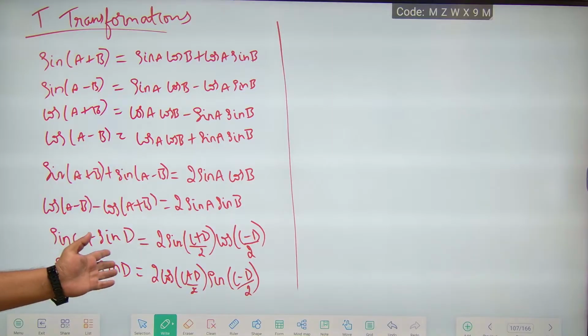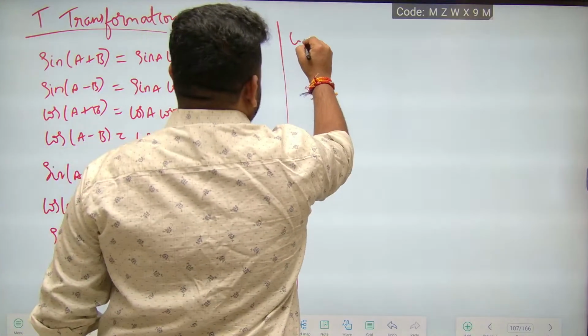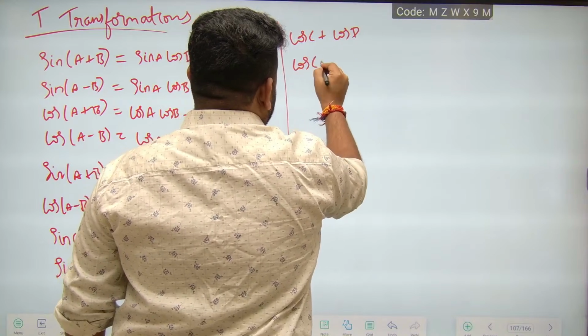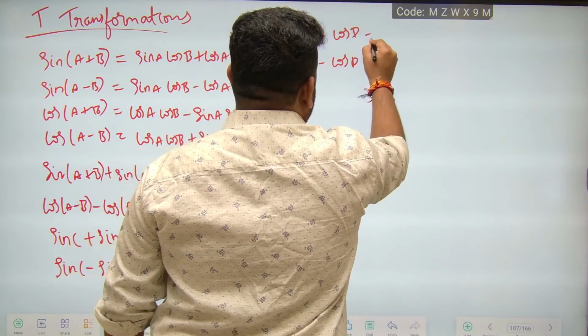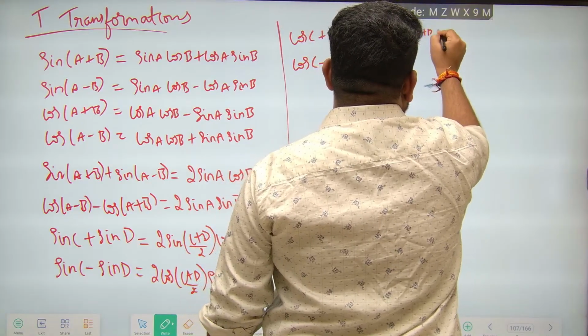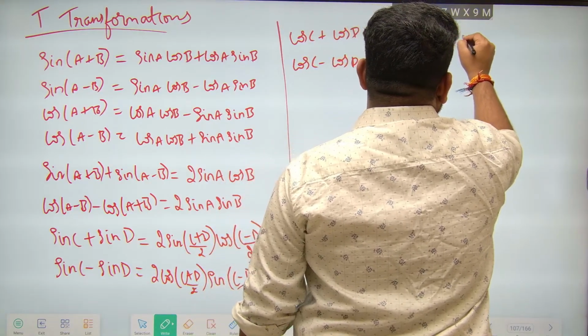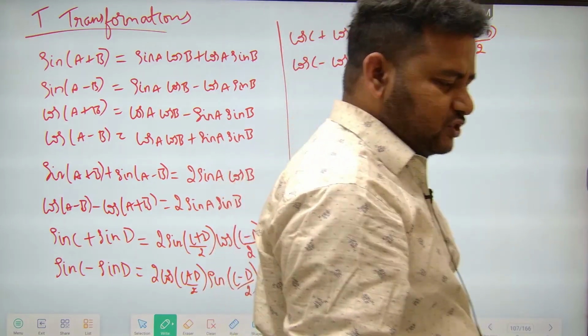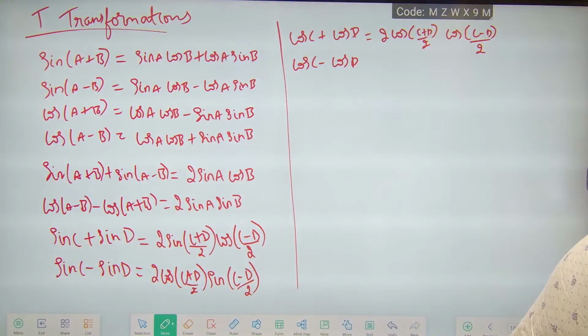Other set of formulas: when we have sin, we definitely want cos also. Cos C plus cos D, then cos C minus cos D. What are we having, friends? Cos C plus cos D is 2 cos (C plus D) by 2 into cos (C minus D) by 2.